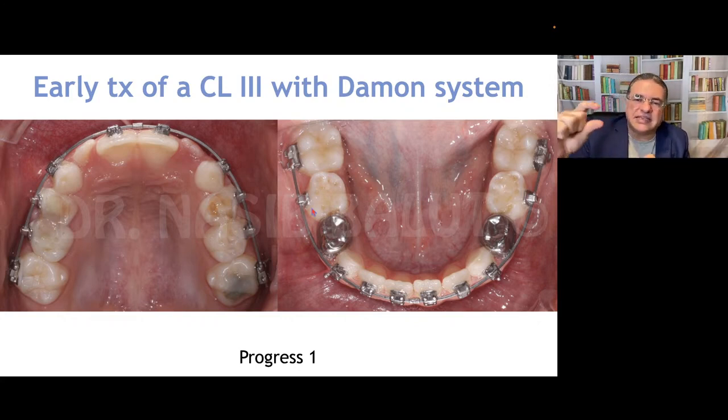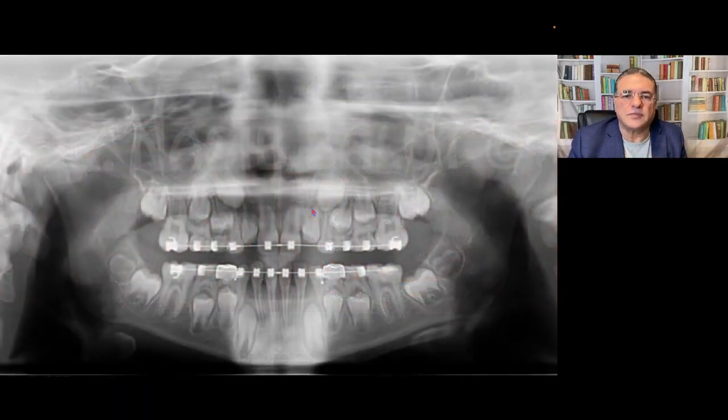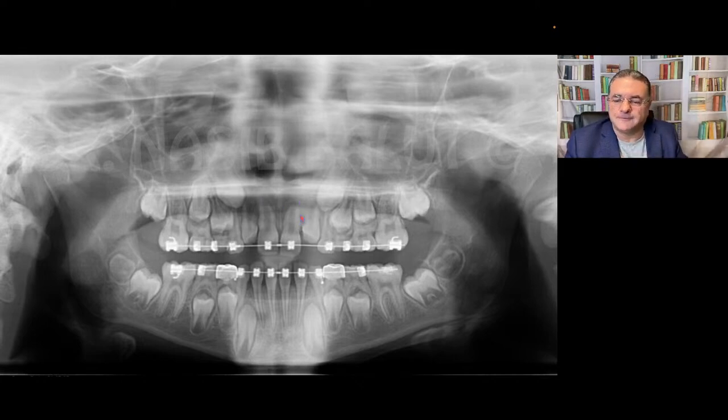If I have less than 2/3, then I won't place anything, because I will accelerate the exfoliation of this tooth. So here is the patient. As you can see, the roots continue to develop normally.